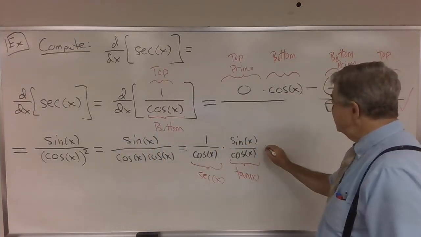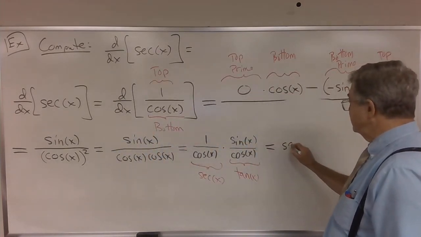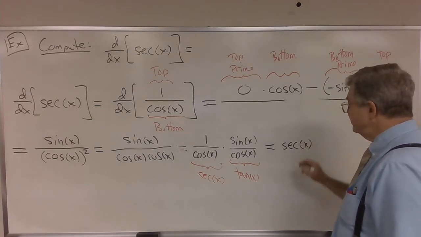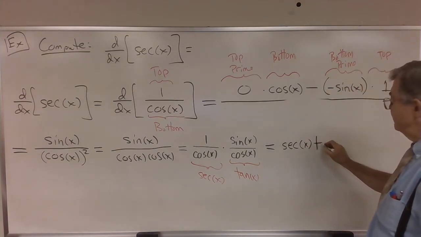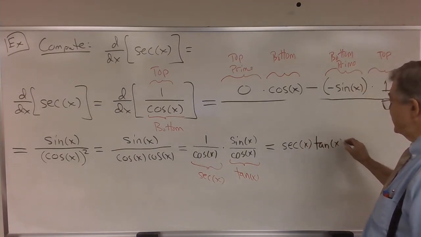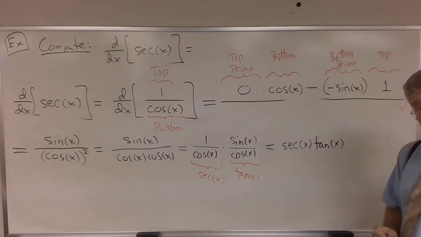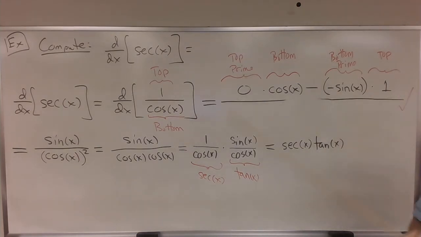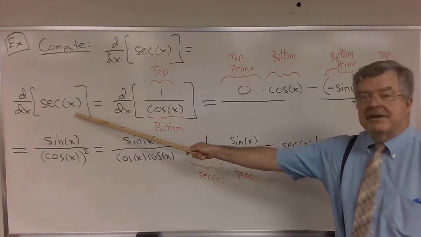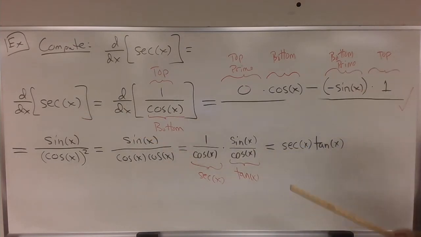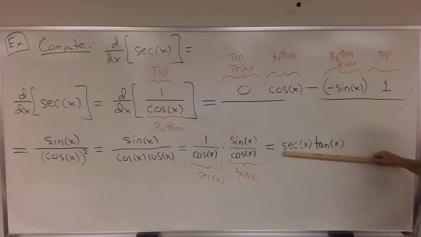And that's actually going to be the universally accepted form of the derivative of secant x. We started out computing the derivative of secant of x, and we got secant of x times tangent x. This is the universally accepted form for the derivative of secant of x.